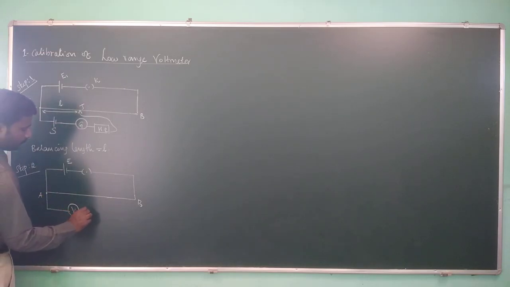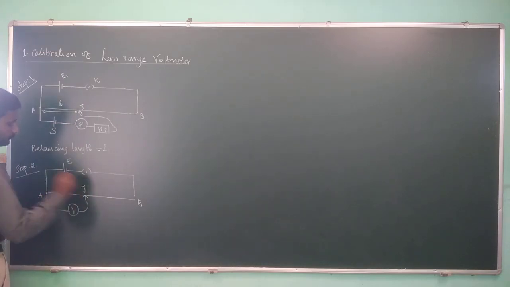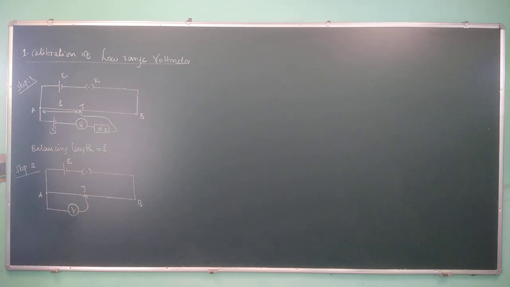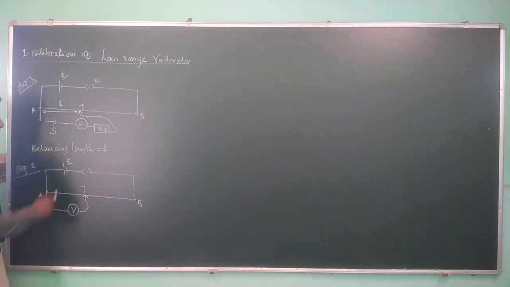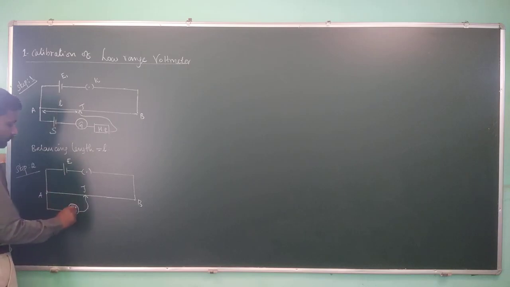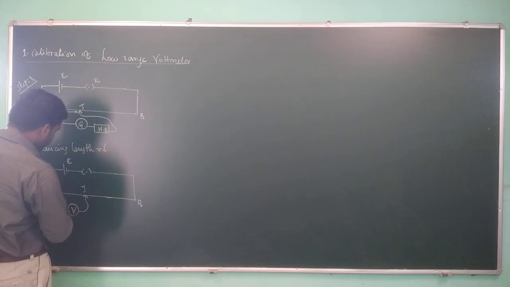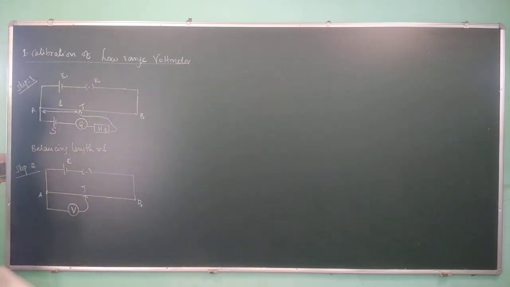Then this voltmeter is connected to the jockey. Very simple. Now if you bring this jockey to this point, it will give you 0 volt. If you bring this jockey to the extreme end B, it will give you the value equal to E. In between, it will show some values, increasing from lower to higher as you slide from A to B.